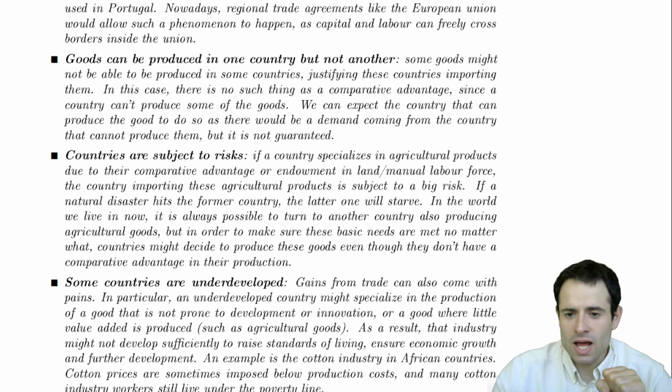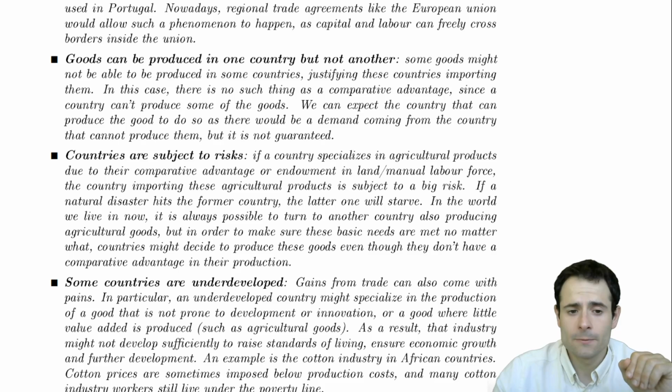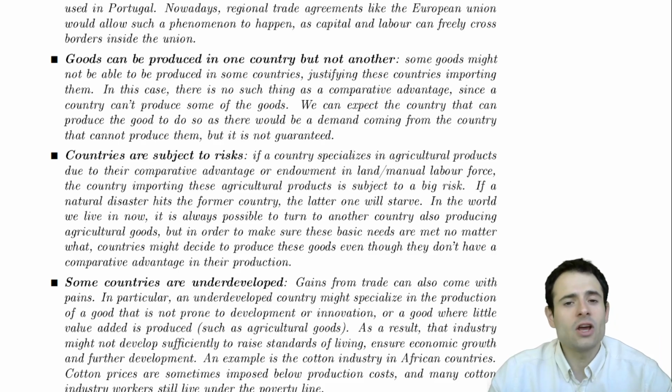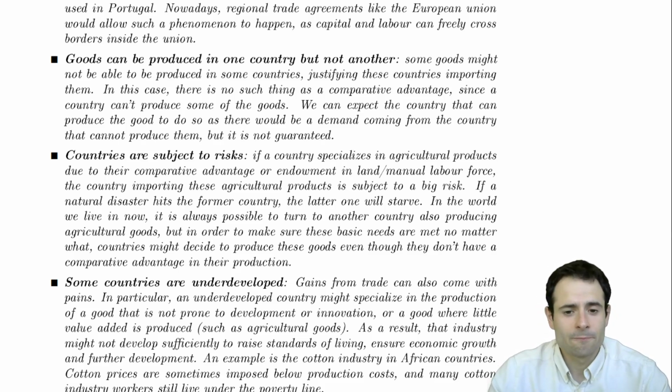If a country specializes in agricultural products due to their comparative advantage or endowment in land or manual labor force, for instance, the country importing this agricultural product is subject to a big risk. Think about a natural disaster. If a natural disaster hits the country, the other country who is not producing these necessary goods will starve.